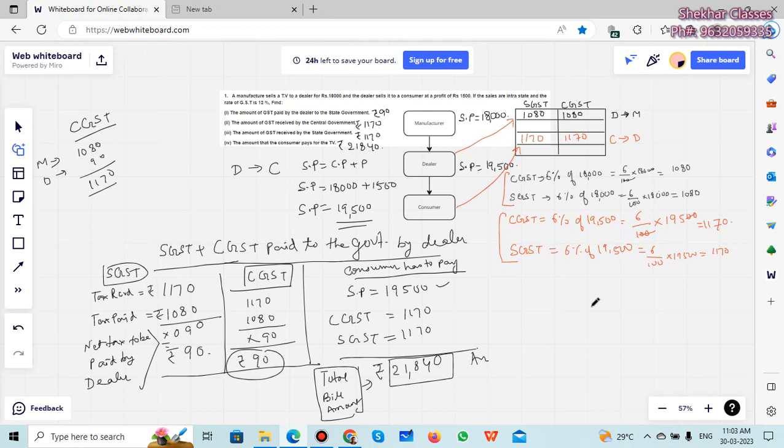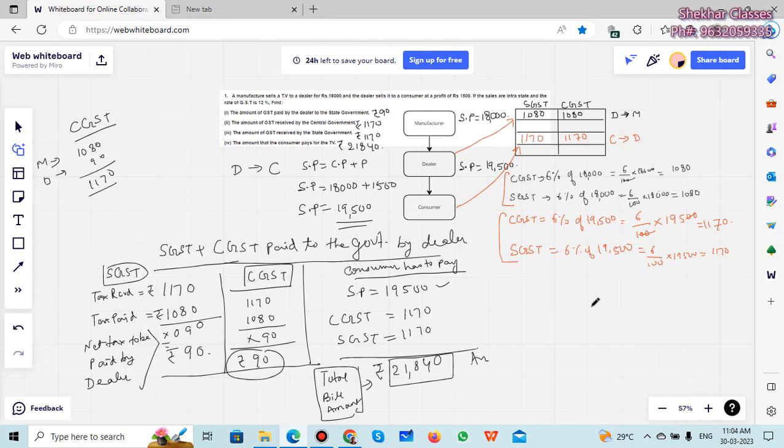Once again, I'm telling you, a manufacturer sells it to the dealer. So the dealer here will have to pay the tax on whatever price he has bought it from the manufacturer, or we can say whatever price the manufacturer has sold it to the dealer, on that selling price. He will pay that tax which he has collected from the dealer to the government with his own account.